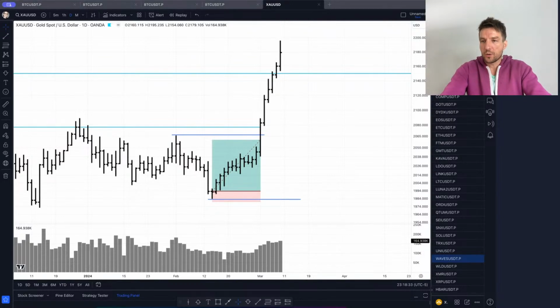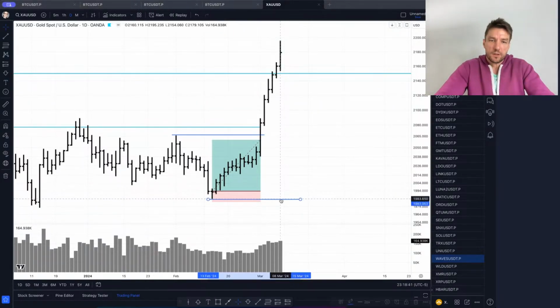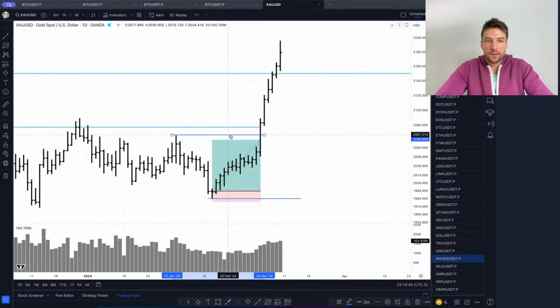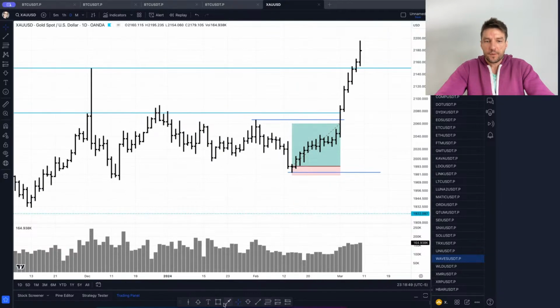Did you close the trade already? Because if you did, this is how it looks to me. Oh, and actually, never mind, since it broke this level, so now it's here, even on daily.